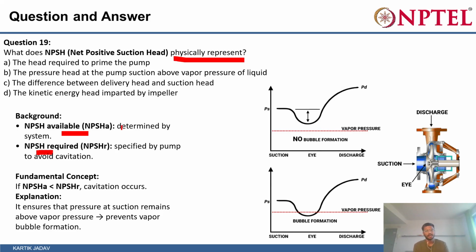If the net positive suction head required is greater than available, then cavitation will occur. So correct answer is option B.